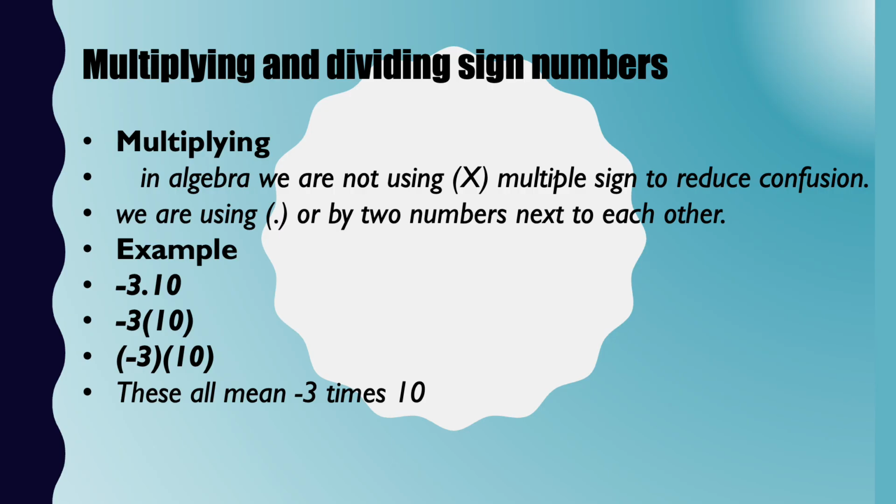Next one, minus 3 multiplied by minus 10. This says minus 3 multiplied by 10. So these all mean minus 3 times 10.